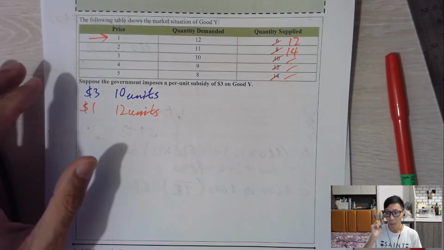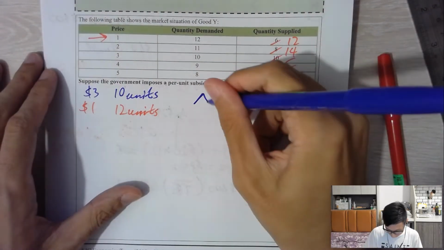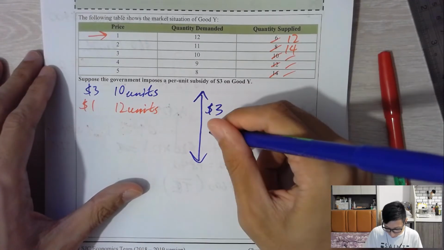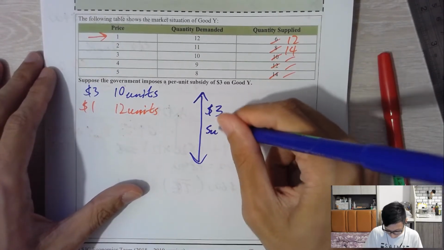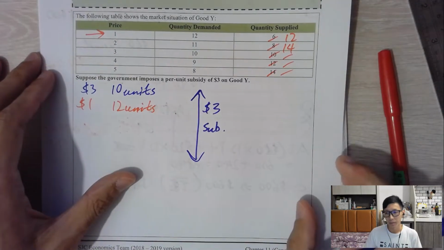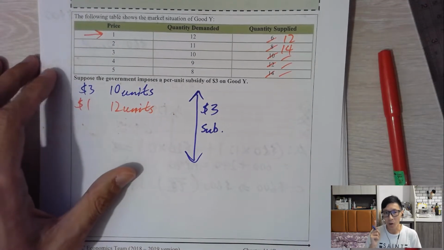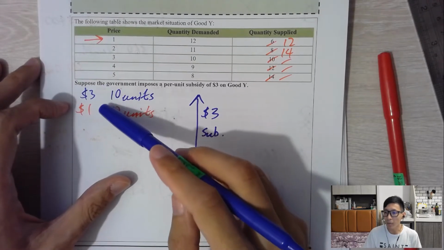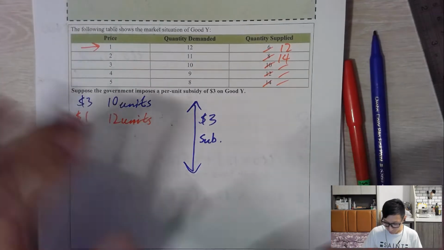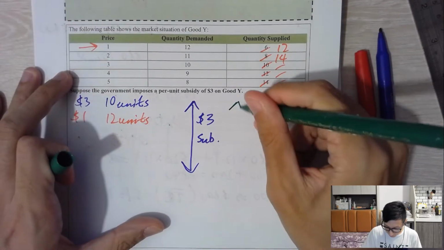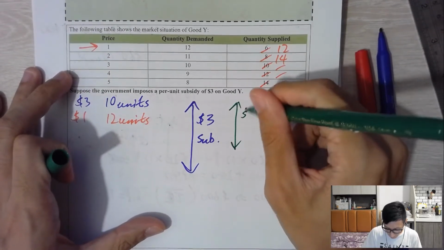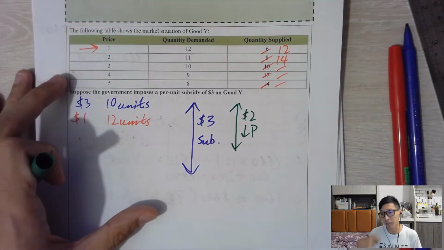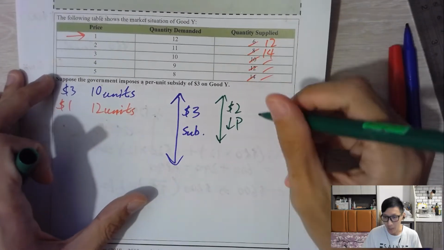So on a per unit basis, we see there is a $3 subsidy. But to the consumer, you see that originally $3, now it drops to $1. For the consumer, there is a $2 drop in price, which is beneficial to the consumer.